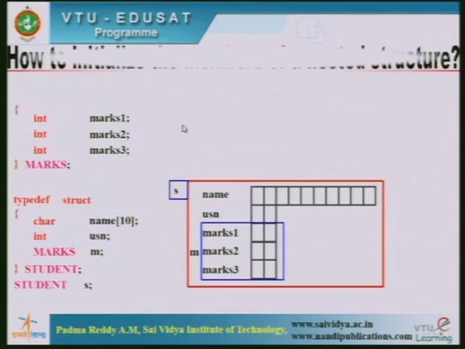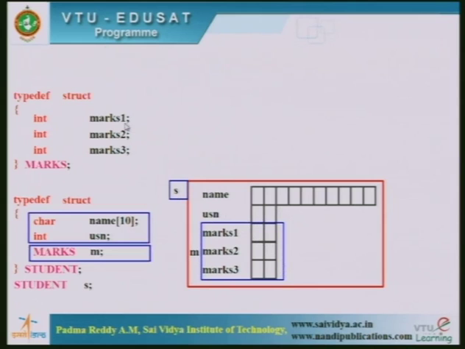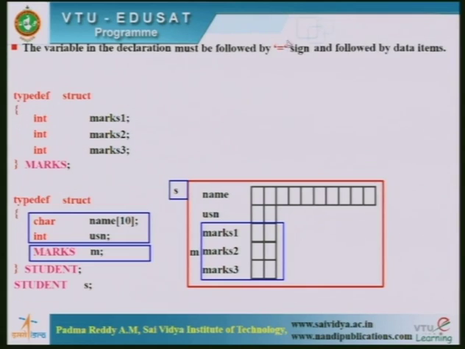Now let us see how to initialize the members of a nested structure. Here we have name field and here we have USN, but remember this is the structure which is inside another structure. The variable in the declaration must be followed by what?